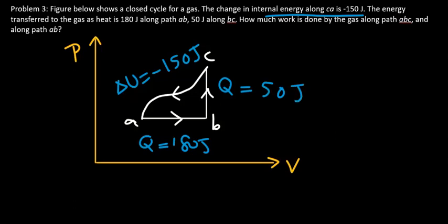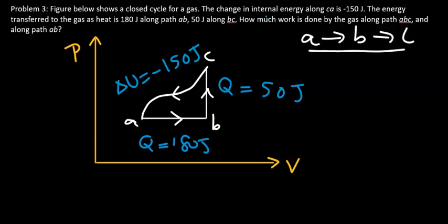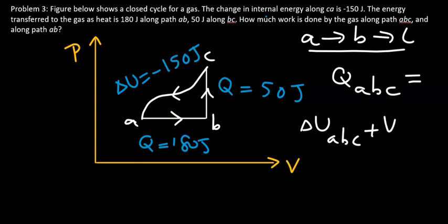How much work is done by the gas along path ABC and also along path AB. So let's apply the first law of thermodynamics to the path ABC in that order. So we know that Q, or heat added for ABC, equals the change in internal energy for ABC plus the work done for that ABC.